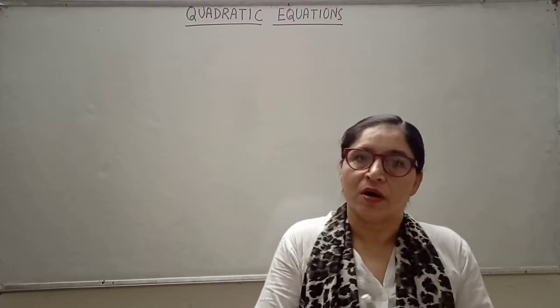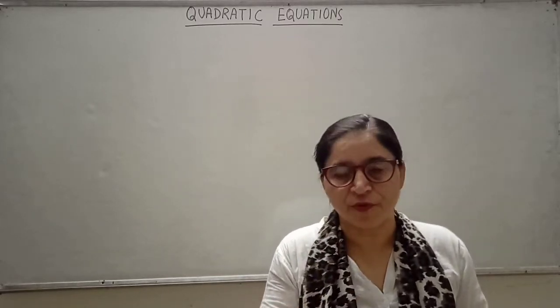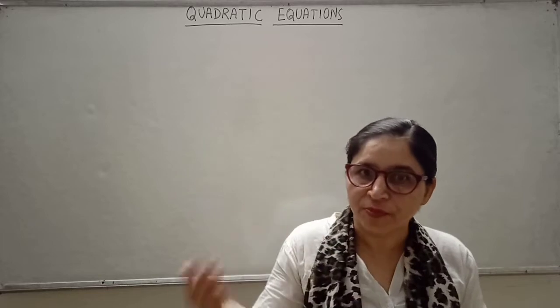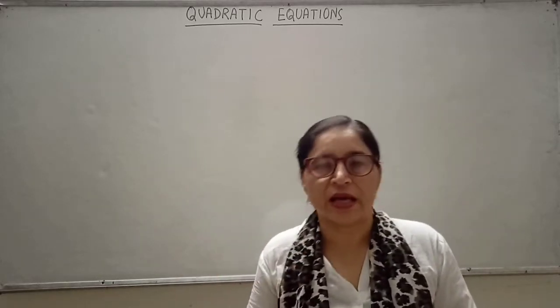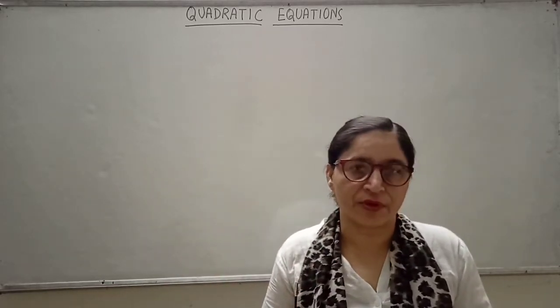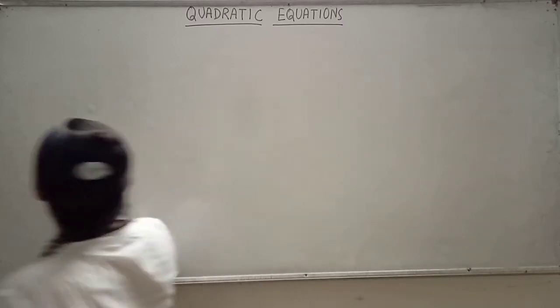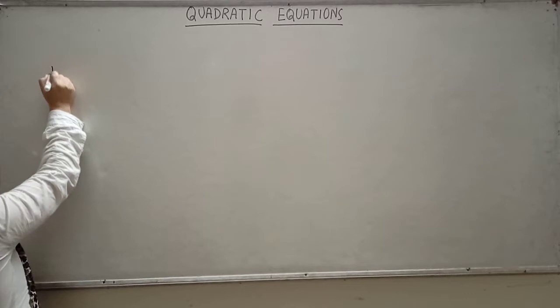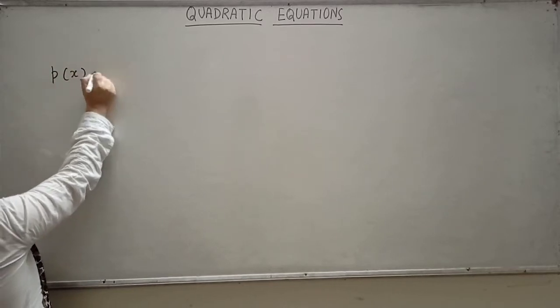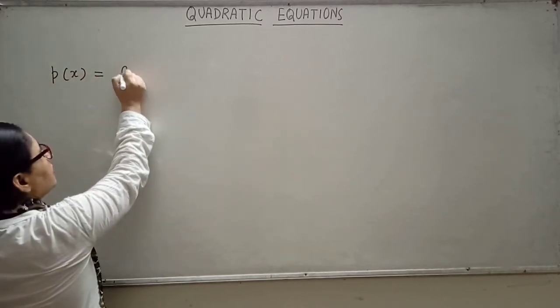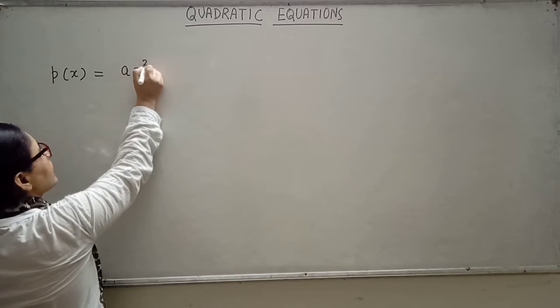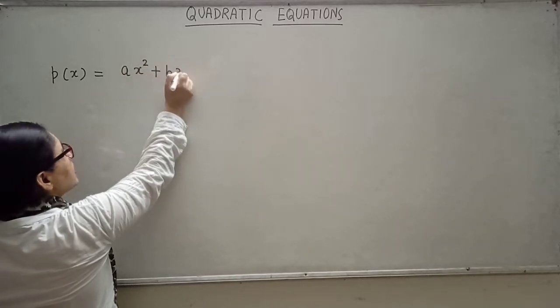You have studied different types of polynomials like linear polynomials, quadratic polynomials, cubic polynomials in chapter 2, but here we will focus only on the quadratic polynomial. Quadratic polynomial, we used to write it in the form of ax square plus bx plus c.